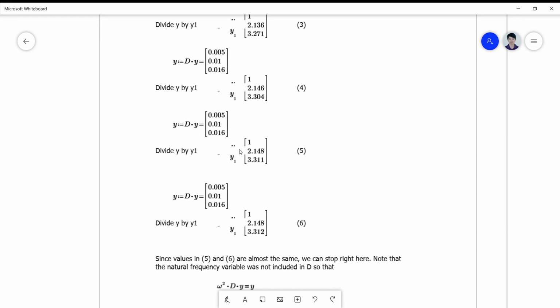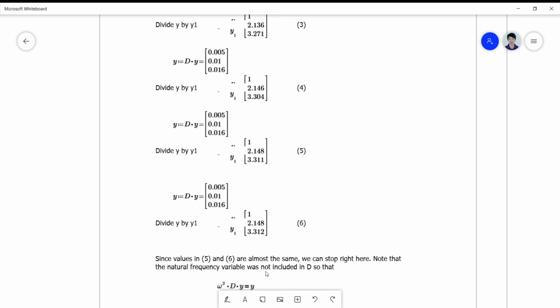I converted it in a PDF, so sometimes there are problems in the conversion. But what I'd like you to take a look into here is that the values of y in the 5th and 6th iteration are almost the same. So we can stop right here.